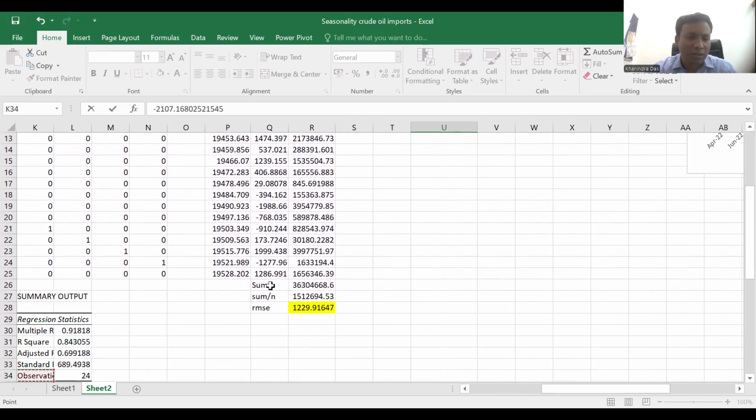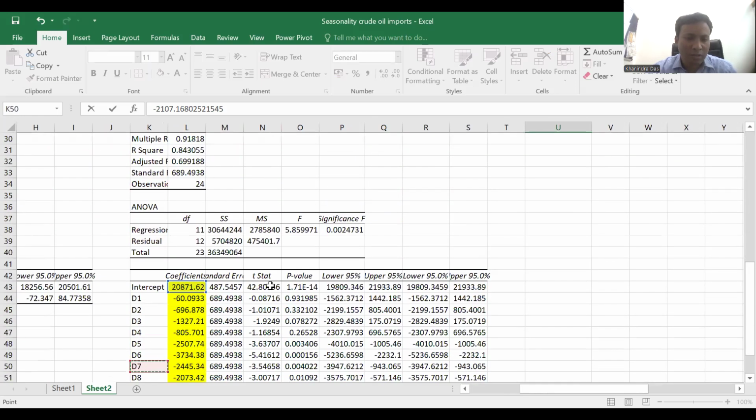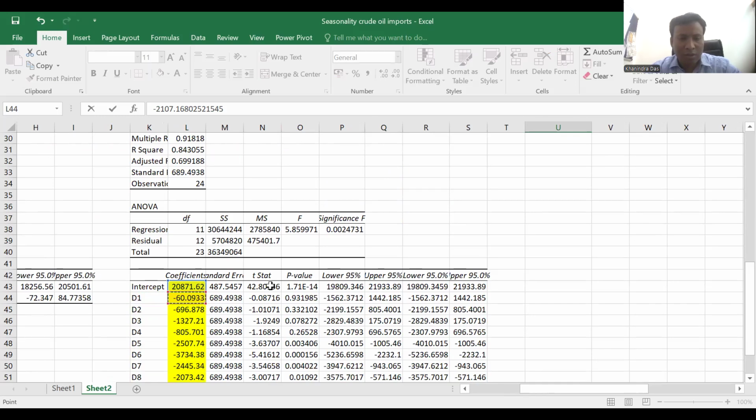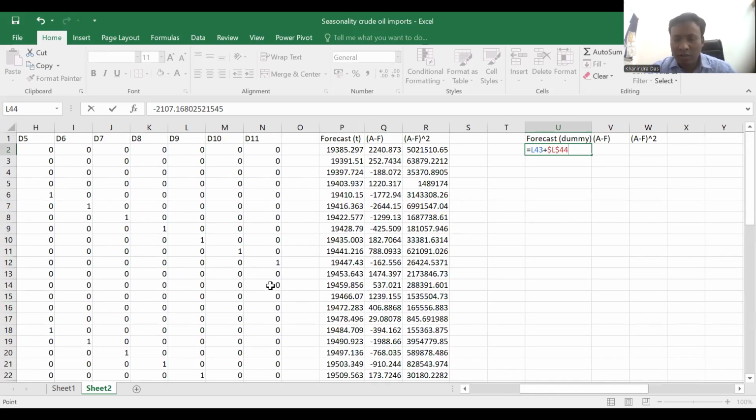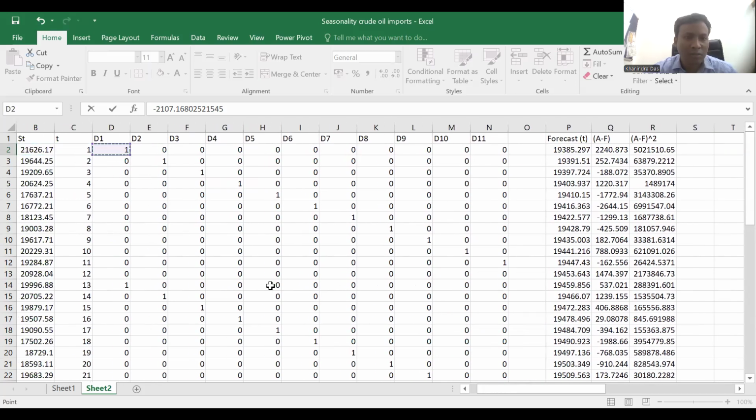Which is for D1. D1 is not changing, so it has to be multiplied with the D1 value, and keep going, add everything that we have.